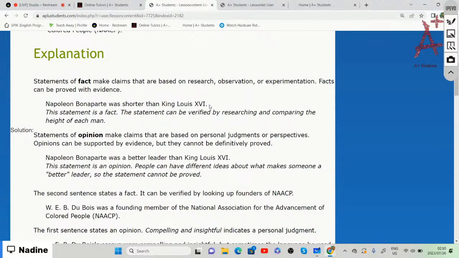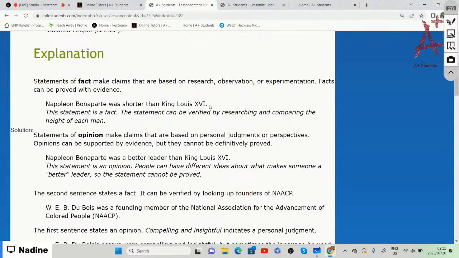Statements of facts make claims that are based on research. Your research needs to be there. Your observation needs to be noted down to state that this is what you have observed, or in the form of a recording, this is what I have seen and observed, and you have noted it down, right?